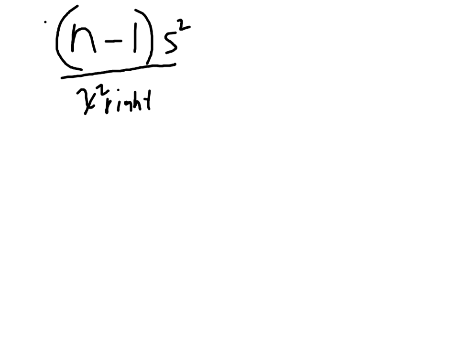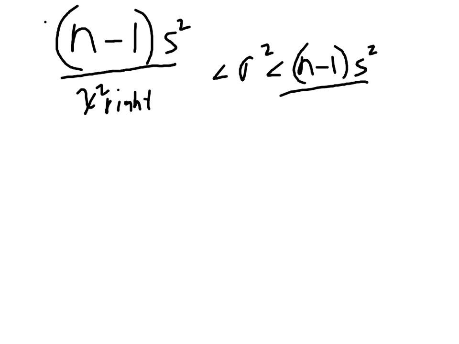And then, of course, we have our population variance, which we're setting up an interval for. On the right, we have n minus 1 times the sample standard deviation squared, divided by our chi-squared left value.